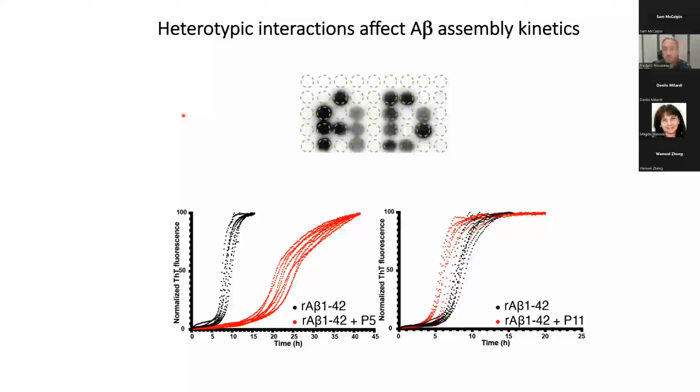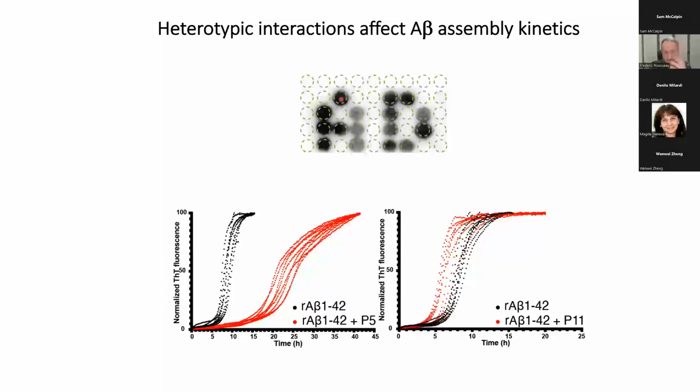For instance, here you can start playing with this. These are all homologous peptides to A beta APR1.